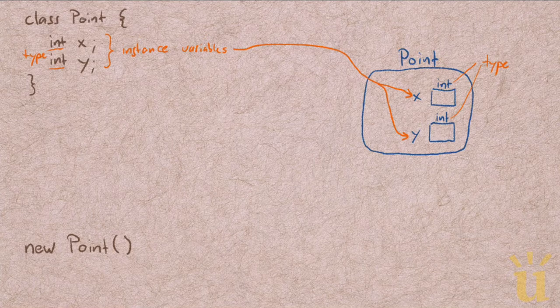And now when we call the constructor, so this here is called a constructor invocation, so we're calling a constructor. Actually, this new Point is an expression, it has two pieces. New says we need to make an object, so we allocate.